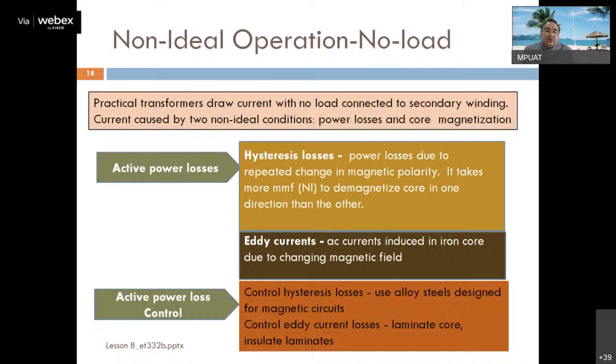तो हिस्टेरिसिस लॉस क्लियर हो गया, that due to the repeated change in the magnetic polarity there are some power losses, and that power loss is called a hysteresis loss. Now what is eddy current loss? What happens, since AC current is flowing, the magnetic flux produced by the windings, as you have seen in the schematic diagram, suppose this is the winding, okay, and it is put on the core.